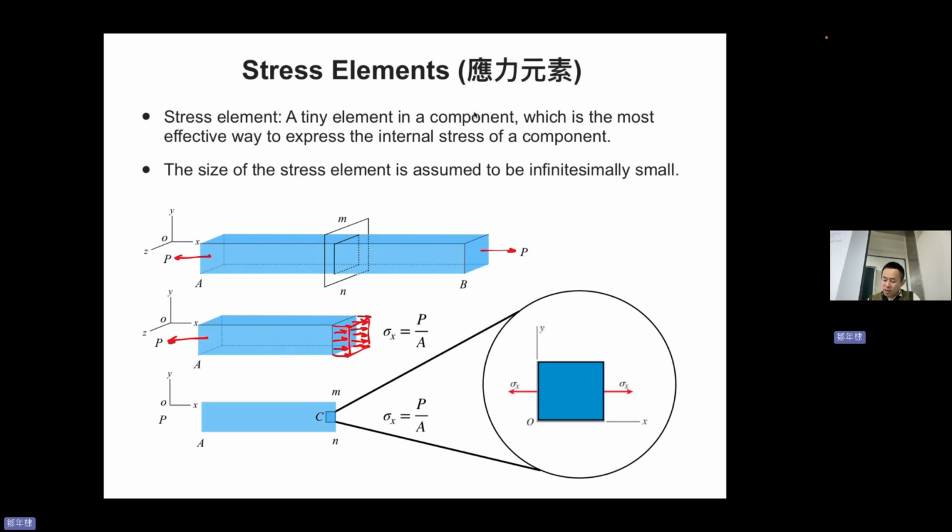So a stress element must have some surface, right? Typically we just talk about the stress on that surface, on that direction. So what we learned is this direction. However, we have other surfaces to talk about.